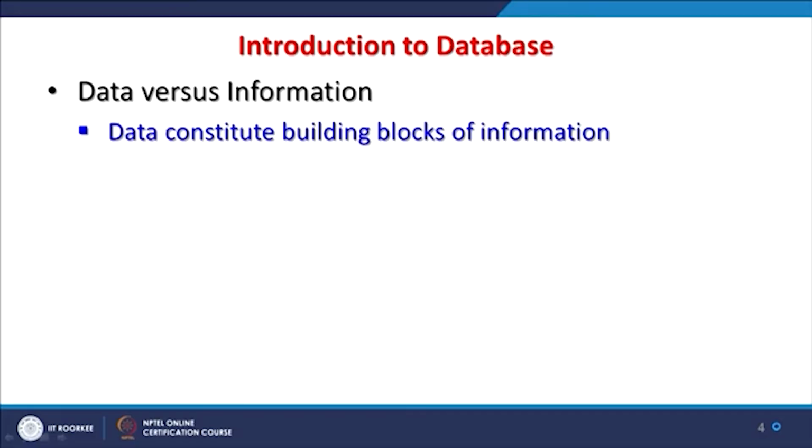Anyway, so first, as you know, the data versus information, and some might be wondering what is basically data. So data are the raw facts basically, and these data we organize in a computer or in a database and convert that data or raw facts into information. And GIS obviously goes one step ahead. Through GIS analysis, this information can be converted to knowledge.